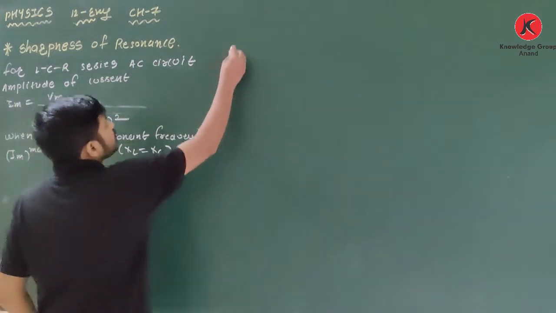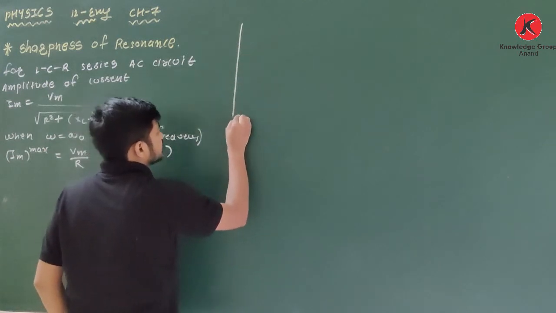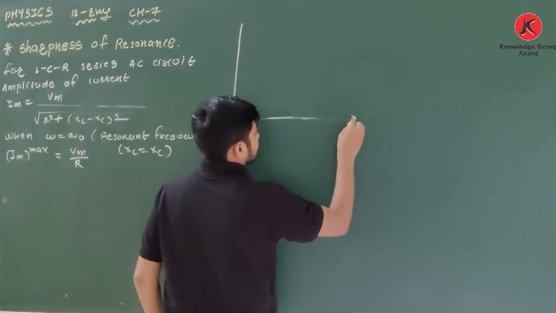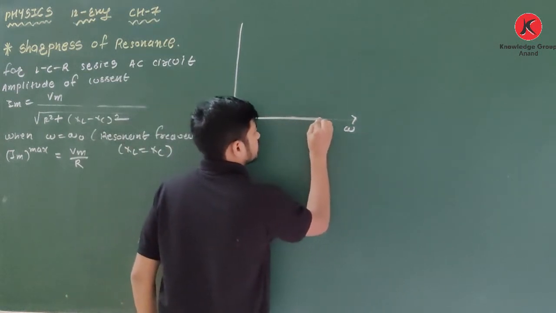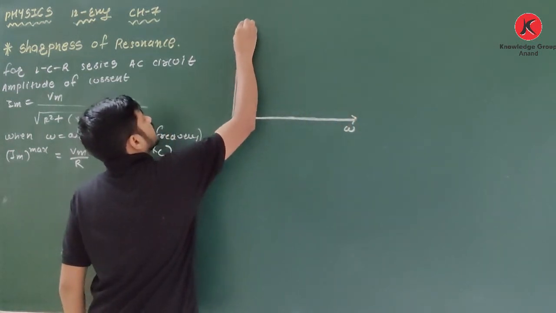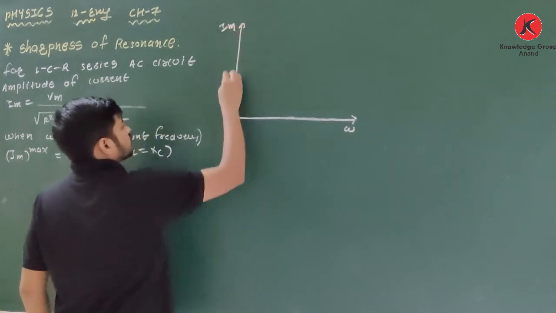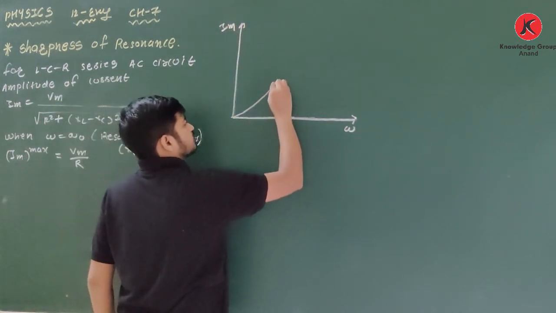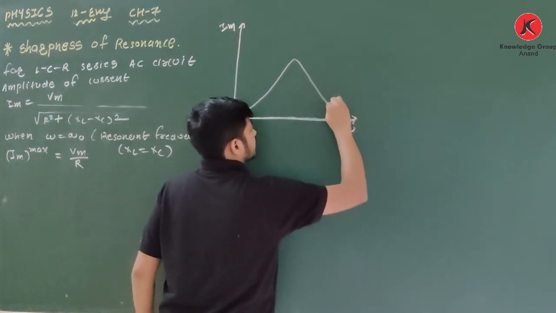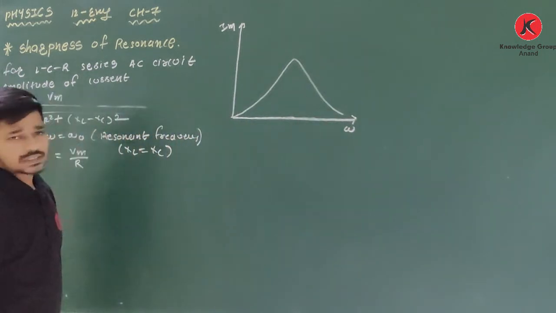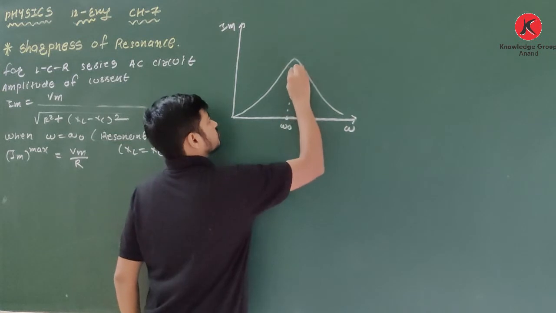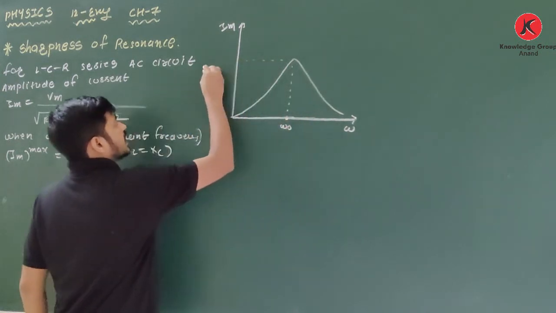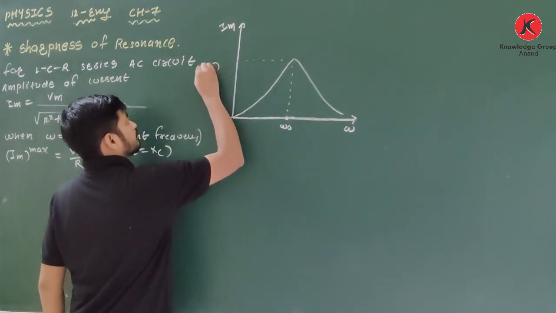Now I will draw this graph again, that is Im versus omega, and it is the graph for one given circuit. For this value of omega 0, that is the angular frequency, the current is Im maximum.